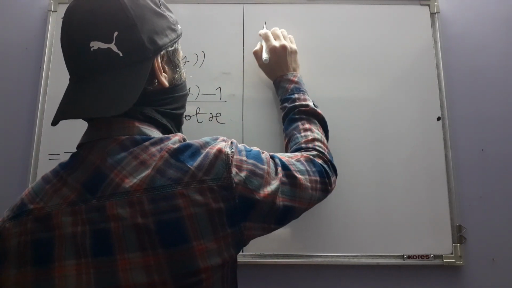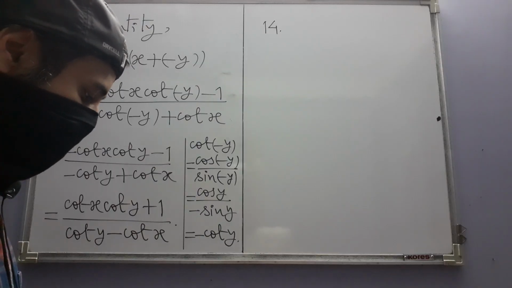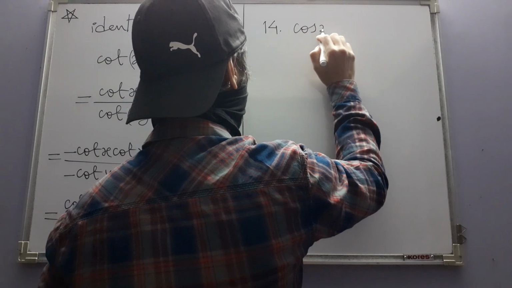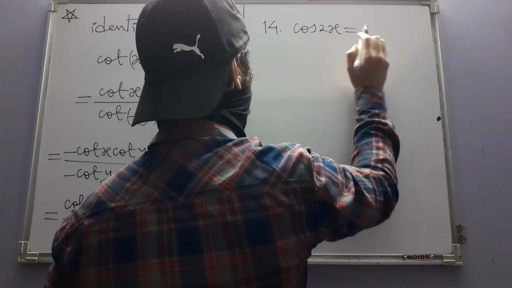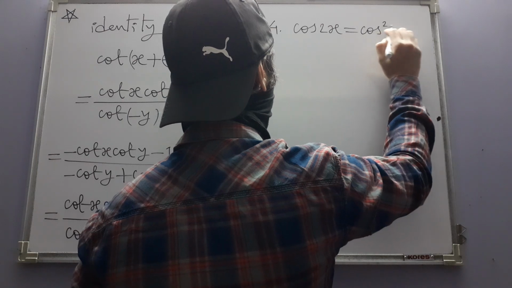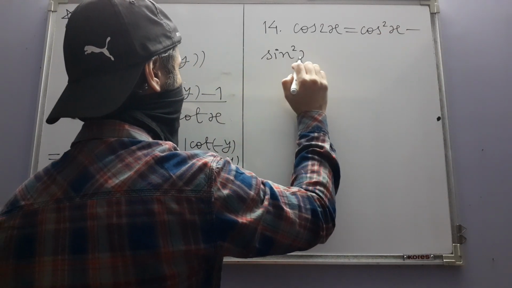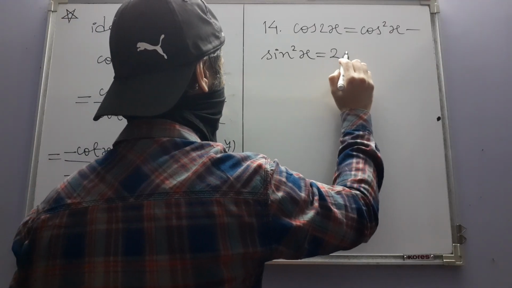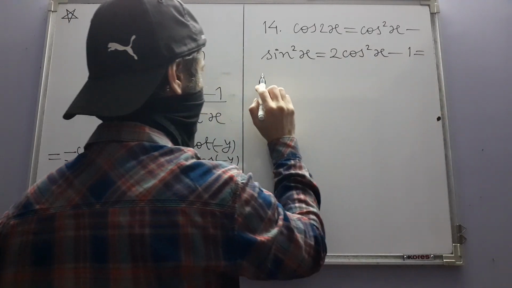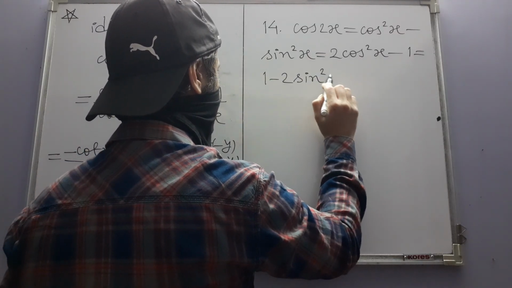Alright, so the next set of identities is this. Cos 2x is cos square x minus sin square x, which becomes this as well, and also this.